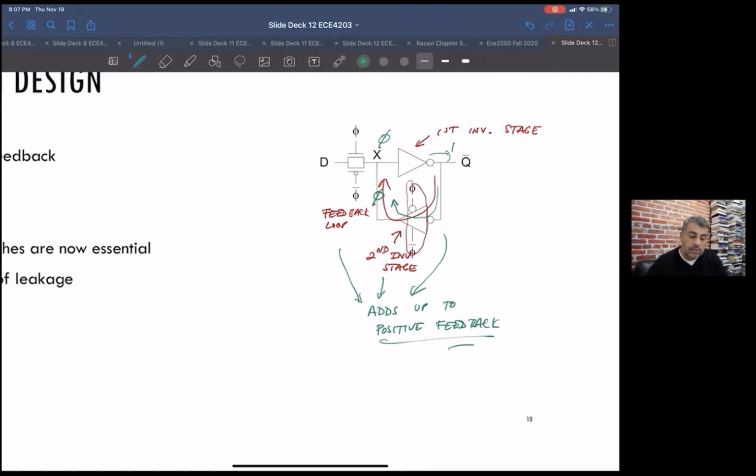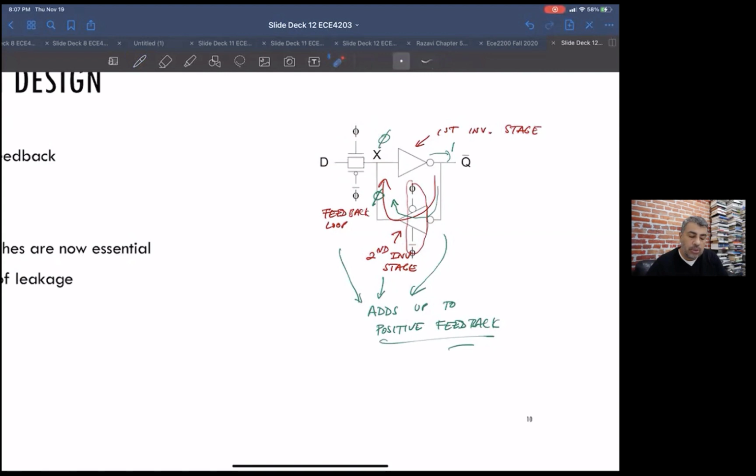Okay. And the reason you have this enable on this inverter, that's an inverted version of this, is you want to make sure you break this feedback loop when your input is trying to drive this node. You don't want to be fighting with this feedback loop. So you momentarily break the feedback loop when you're writing to this node.